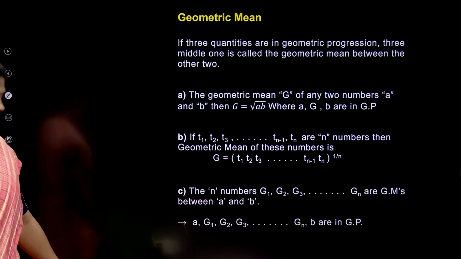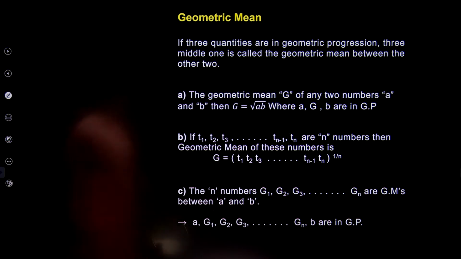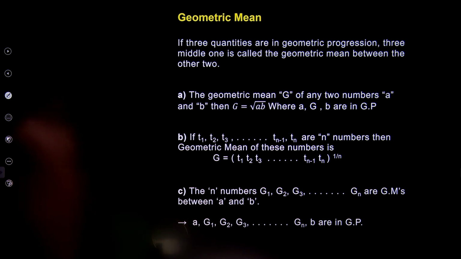Note down. If three quantities A, G, B are in geometric progression, the middle one is called the geometric mean G, and G equals root of AB.